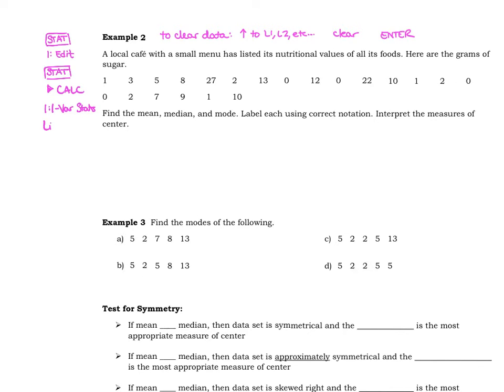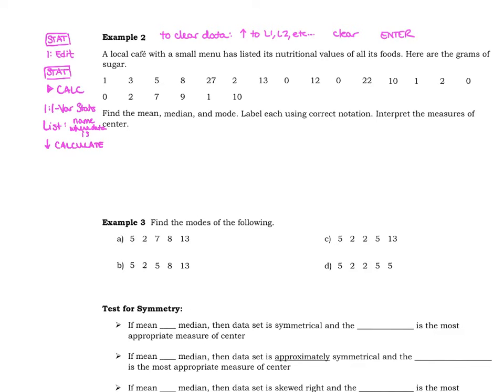Where it says list, you need the name of the list where you put your data. Then arrow down to calculate and press enter. It's going to put up a bunch of information for you, and we're going to talk a little bit about what that information is.